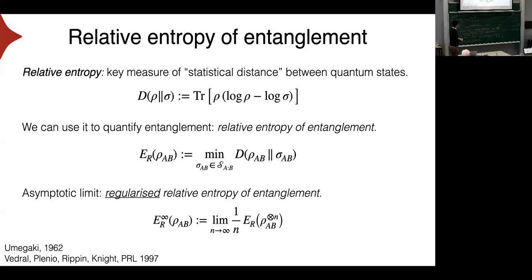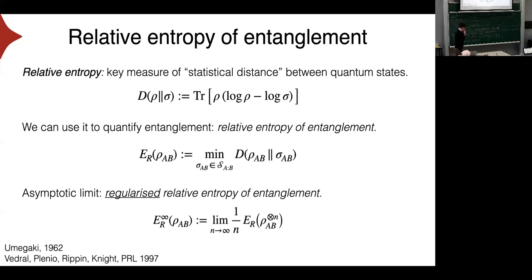If you're worried about the existence of the limit, don't be, because the sequence ER of rho tensor n turns out to be subadditive. There's a lemma proven by Fekete that tells you that if you have a subadditive sequence, the limit of a_n over n exists, and it's equal to the infimum. So the limit is fine. That looks like a reasonable candidate for the Stein exponent, right?